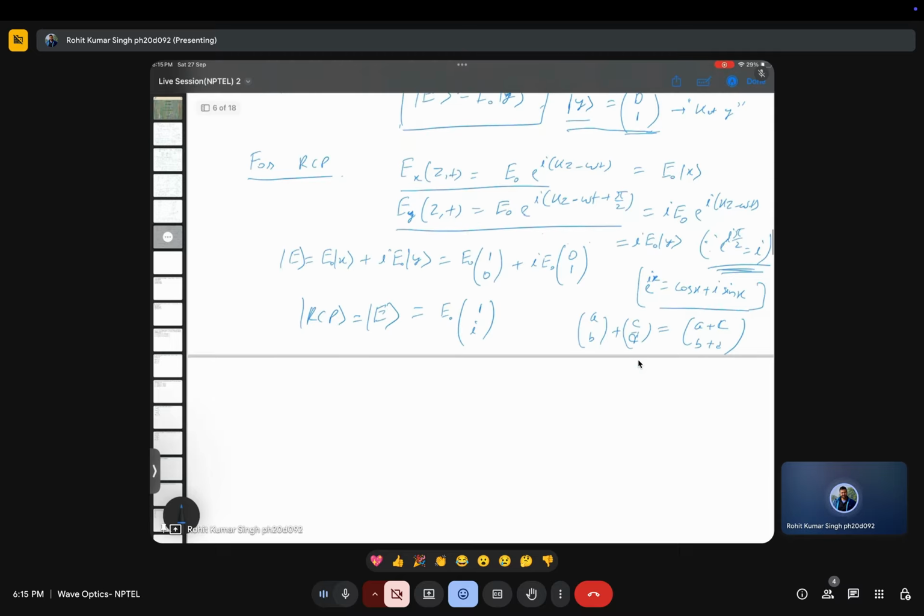And since all the vectors should be normalized, you can normalize this vector. So normalized vectors are given by this expression.